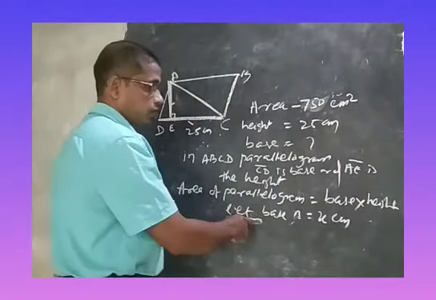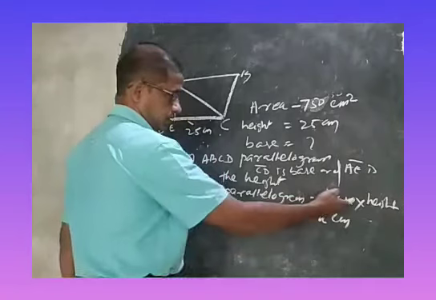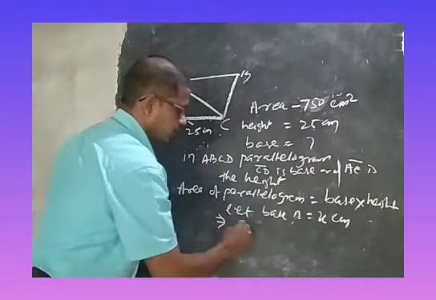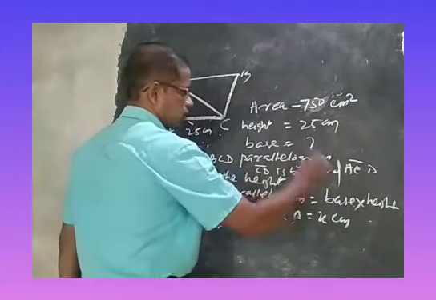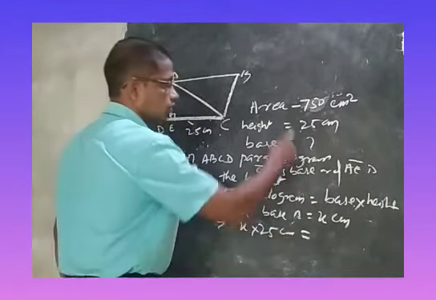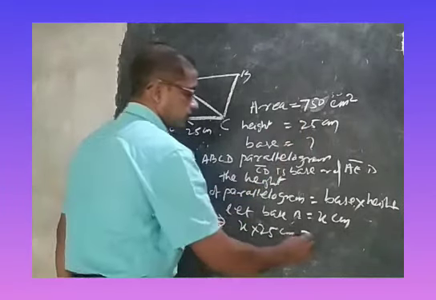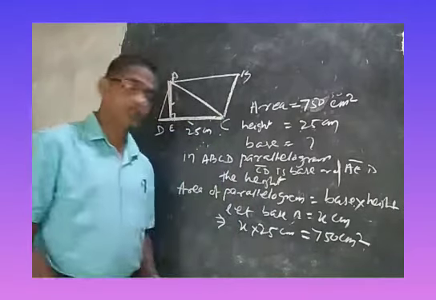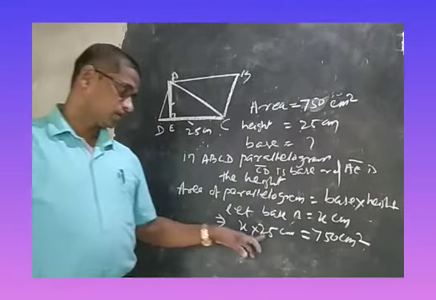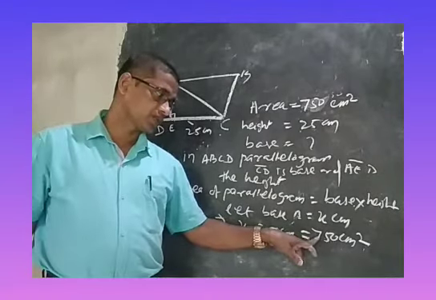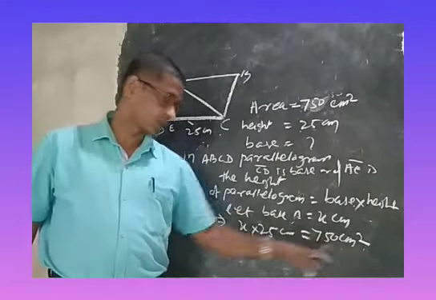Then putting in the value of base and height in the formula, we get base is equal to x, height is equal to 25 centimeter, area is 750 centimeter square. Here 25x square centimeter equal to 750 centimeter square.